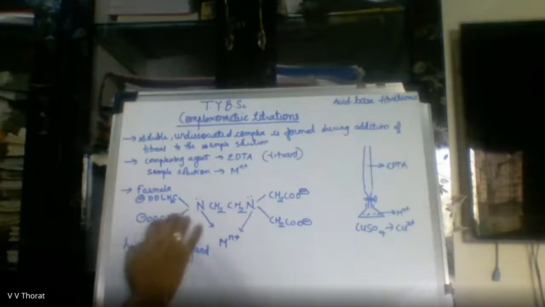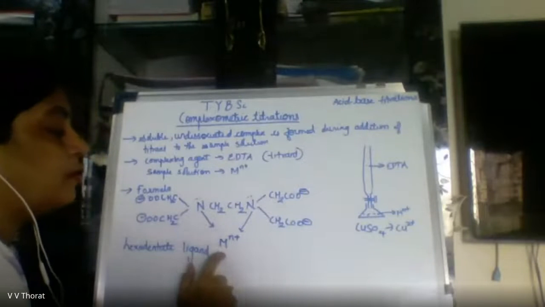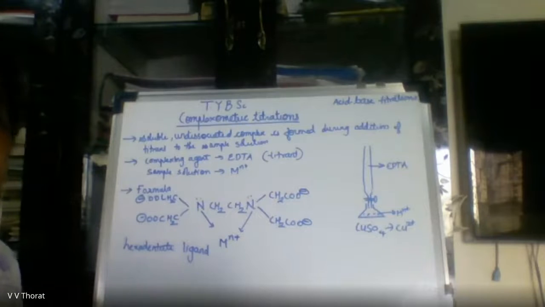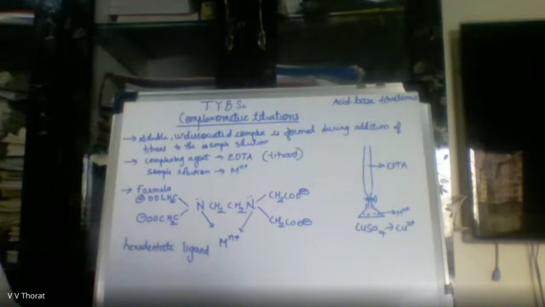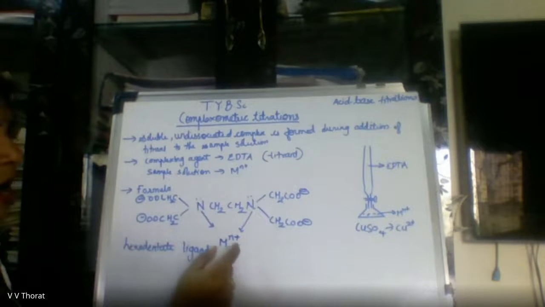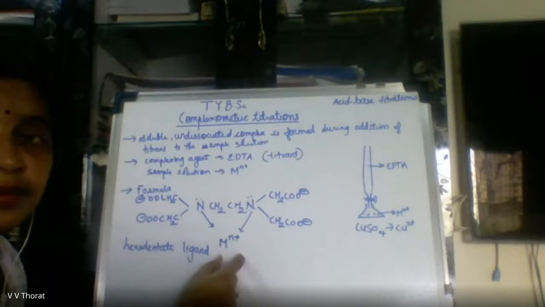Ethylene diamine tetraacetic acid coordinates to metal ions through dash number of atoms. How many atoms? See, this ethylene diamine tetraacetic acid will form a complex with a metal ion by coordinating through how many atoms?